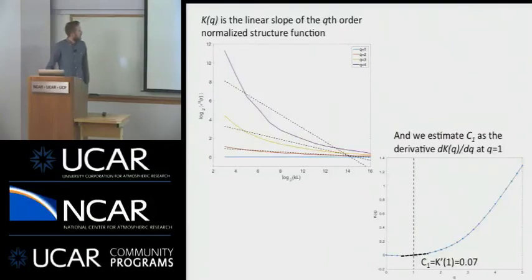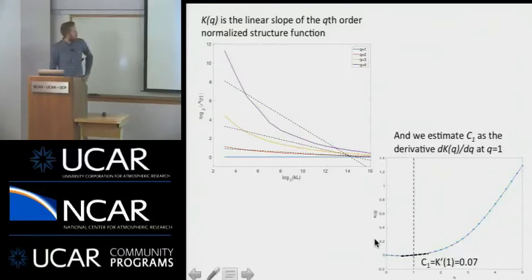So here again are the normalized structure functions on the left panel for all of VOCALS for a couple different orders, and this is small because it's not so important that you see this. I would like to point out that the assumption of a linear relationship starts to get dicey very quickly. But fortunately for us, we really only care about what's happening in the vicinity of q equals 1.